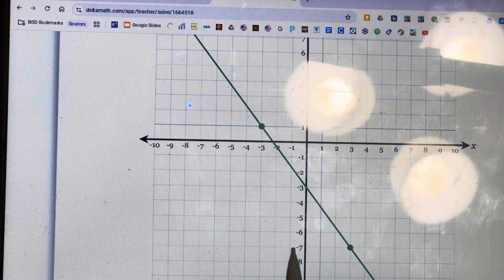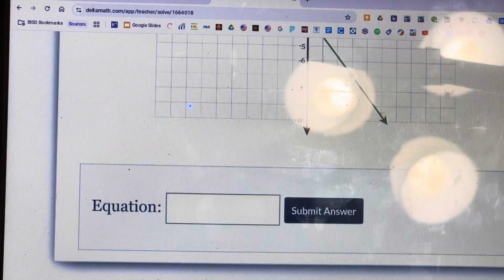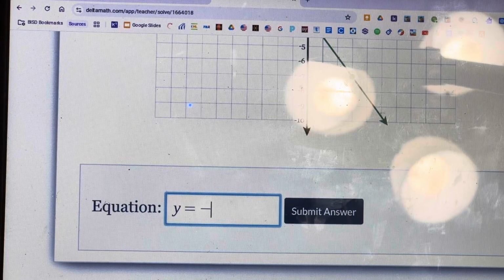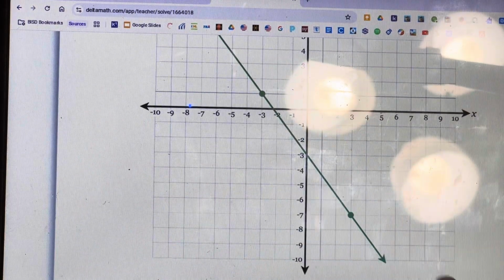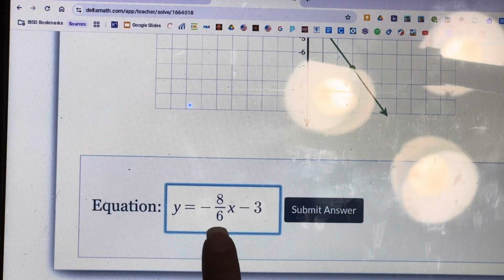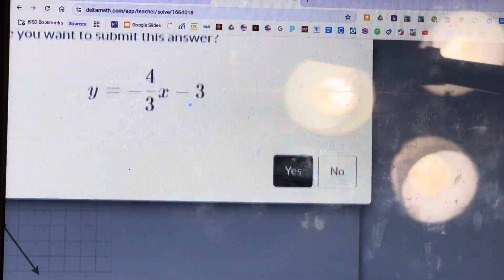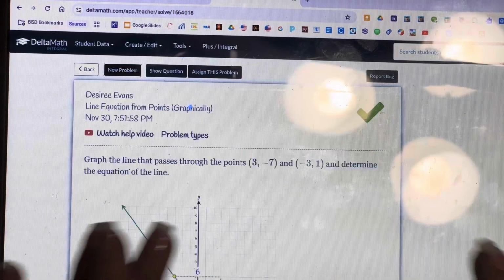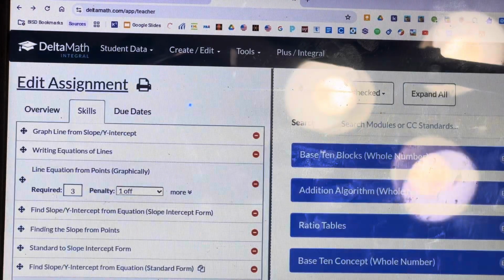Forward 1, 2, 3, 4, 5, 6. So 8 over 6. Y-intercept is -3. Now I need to simplify this. 8 over 6 simplifies to 4 over 3. And if you don't know that, put it in Desmos and it'll give you your simplified fraction.